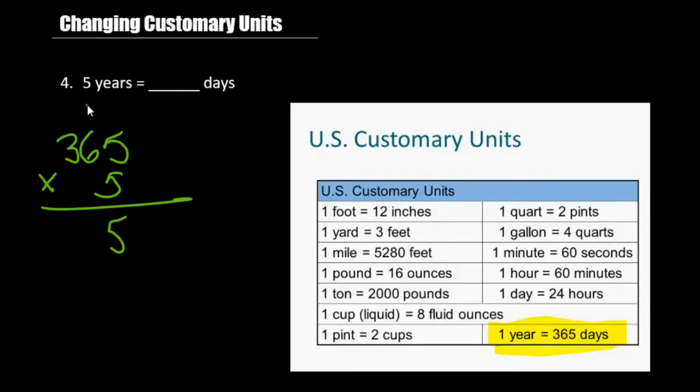We bring the 2 over here. 5 times 6 is 30 plus 2 is 32. So we put a 2 over here and we bring a 3 up here. 5 times 3 is 15 plus 3 is equal to 18. So 5 years is equal to 1,825 days. Let's go to the next question.